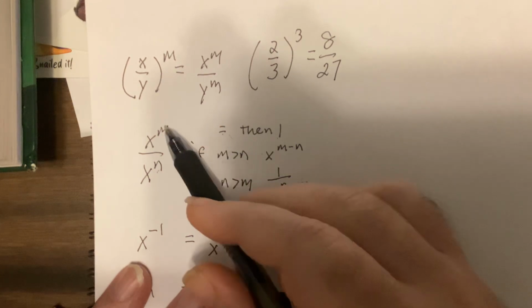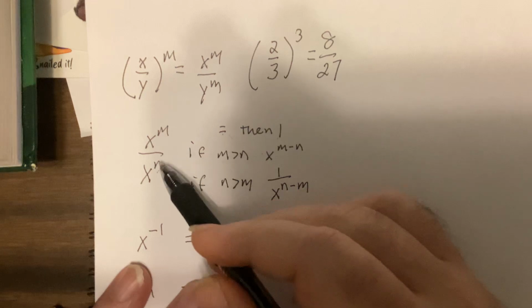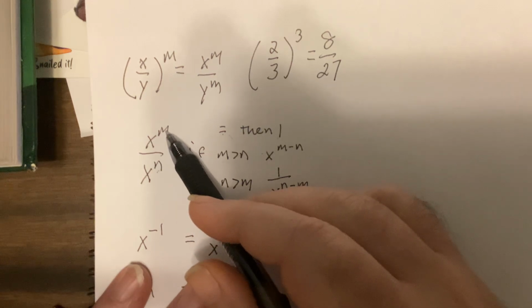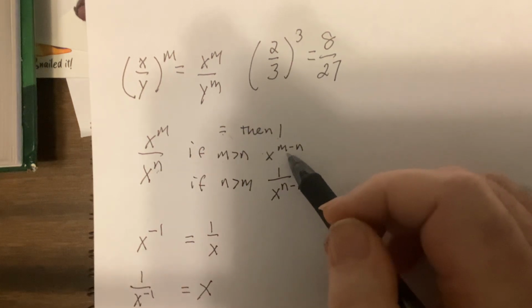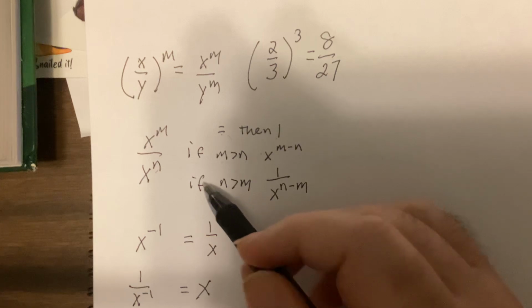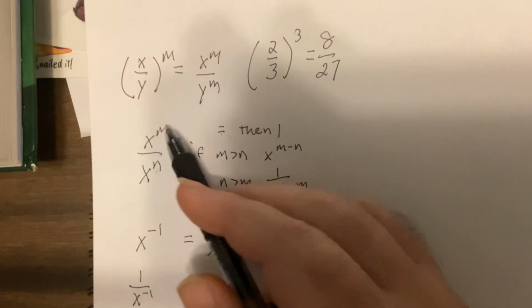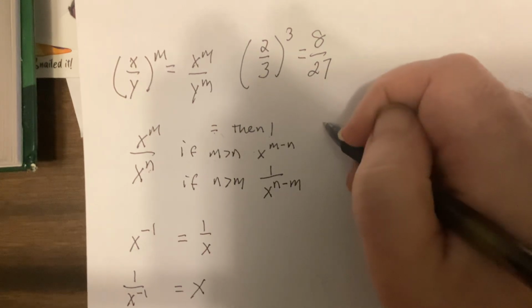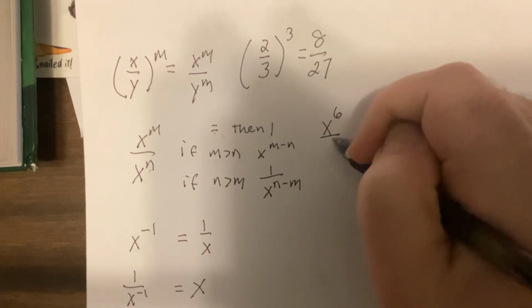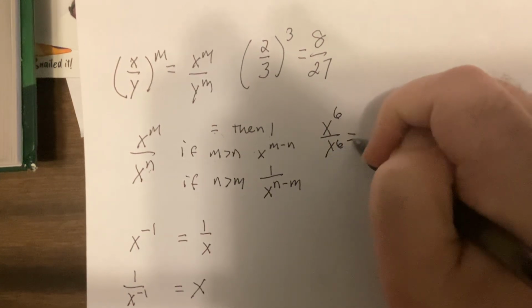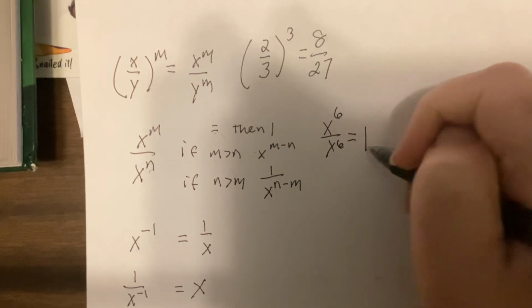When I'm dividing, if the powers are equal, the answer is 1. If the bigger power is on the top, then you subtract the bottom power from the top one and leave it in the top. And if the bottom power is bigger, you go 1 over bottom minus top. So x to the 6 divided by x to the 6 is 1.